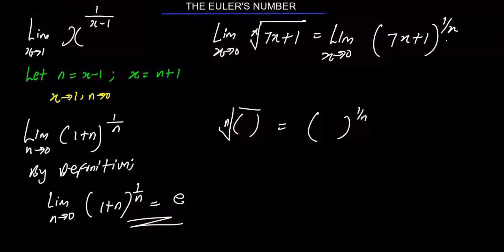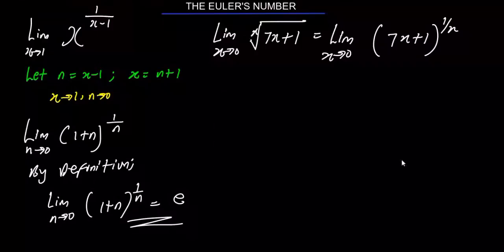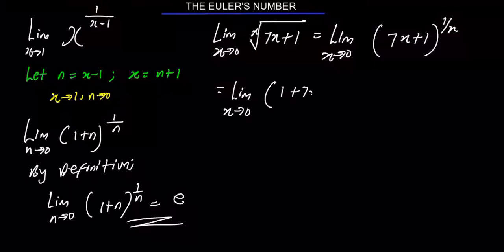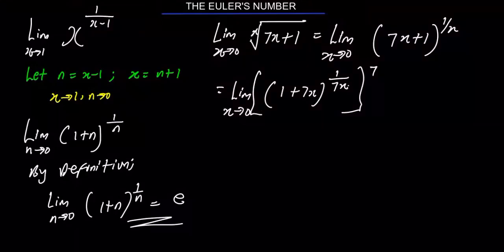Now, it's getting easy from here. So what do you think I'll do? I'll write the limit as x tends to 0 of (1 plus 7x) raised to the power 1 over 7x times 7.